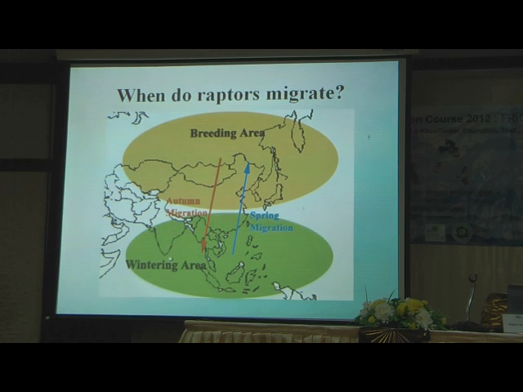And for the return journey, spring migration, raptors will start to move possibly in February, and the migration may extend up to May. So the slide shows the general understanding of the back and forth migration of birds of prey from breeding areas to wintering areas.